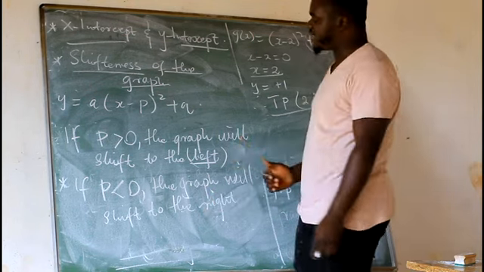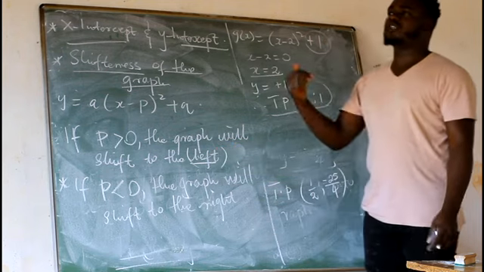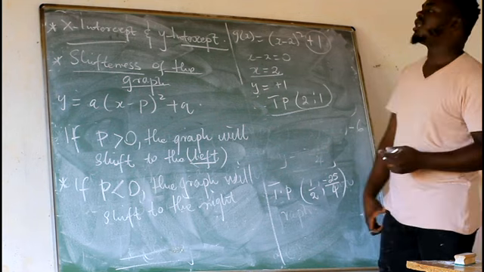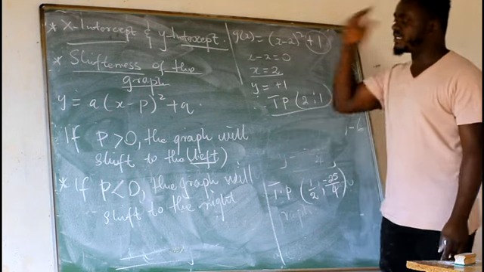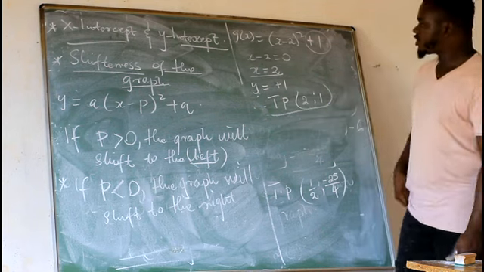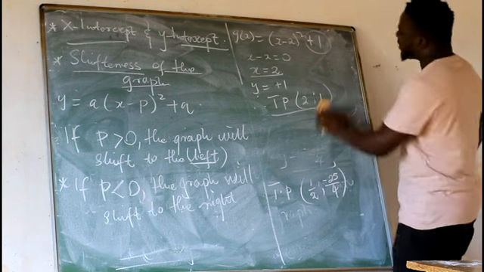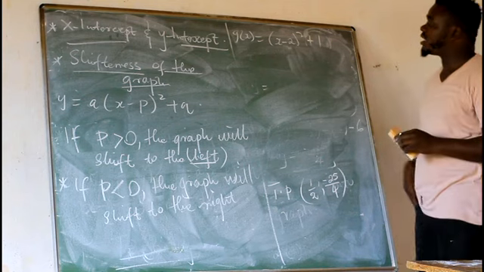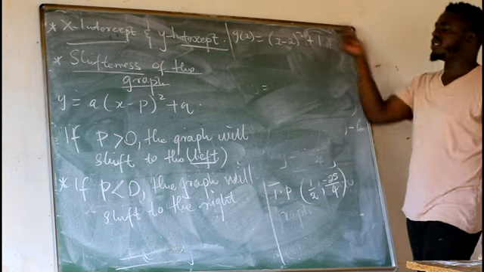Whenever p is positive, the graph will move to the left. We don't know the units. Let's say, for example, the graph shifts 2 units to the right. So which means, let's say you have this graph, and they say this graph shifts 2 units to the right.